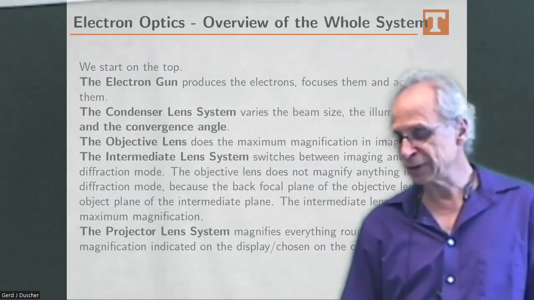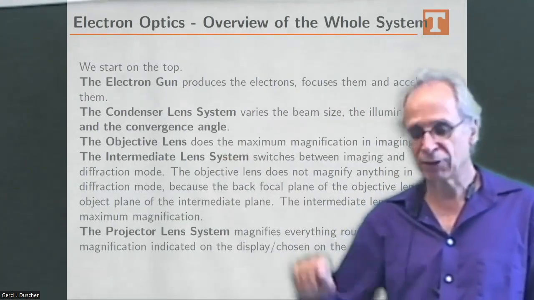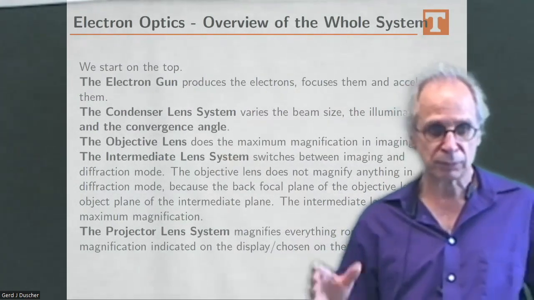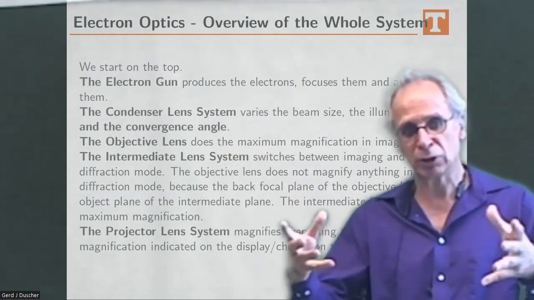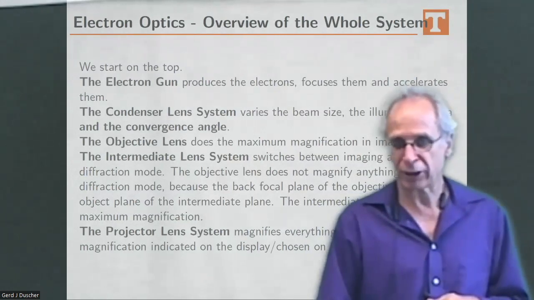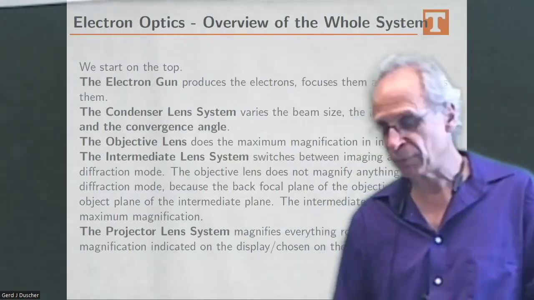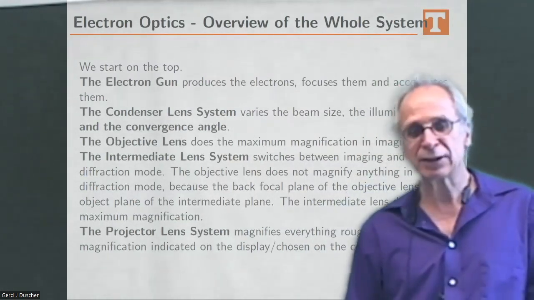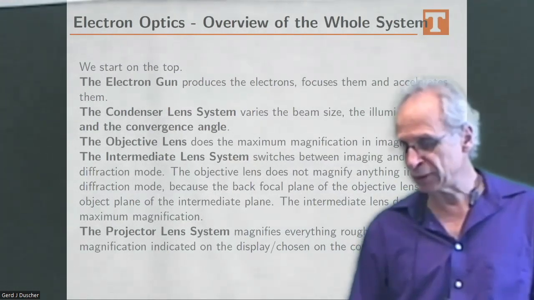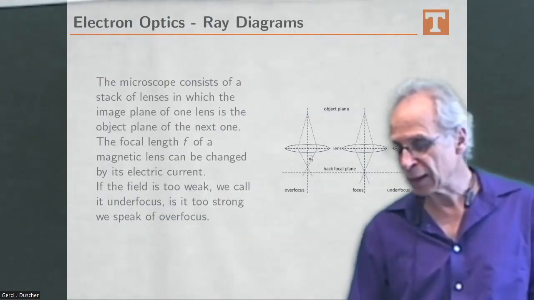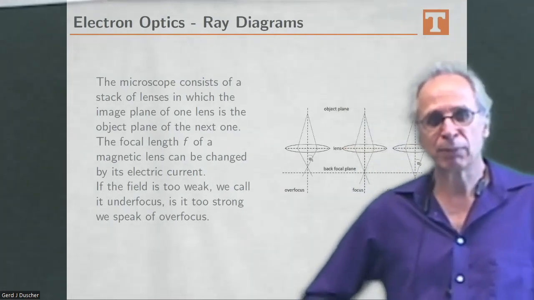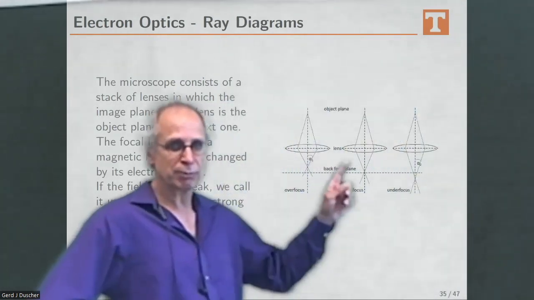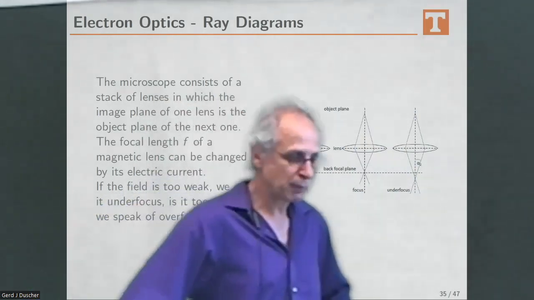Short overview, we did that already. Key thing is all we need to do to go from our beam shape to a convergent beam electron diffraction pattern in STEM is change the intermediate lens. So we will talk about that a little bit more now. And that is actually easily possible with ray diagrams.